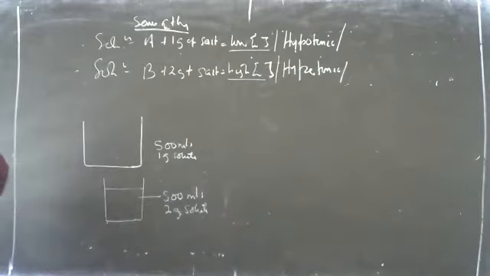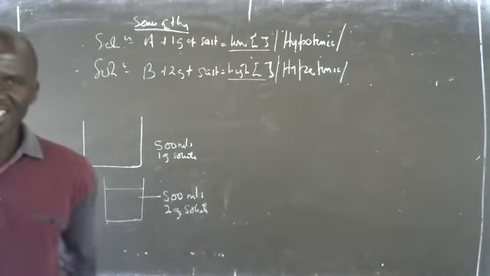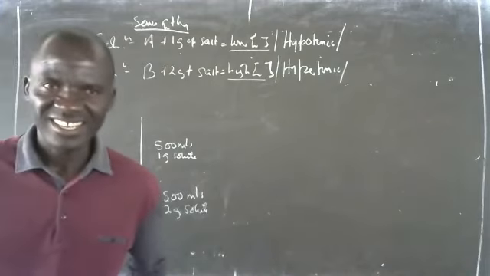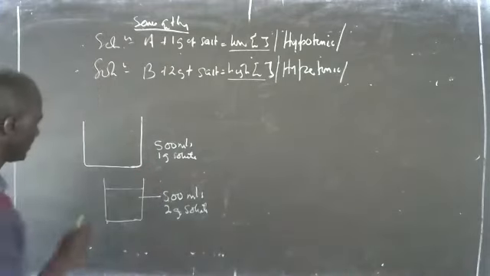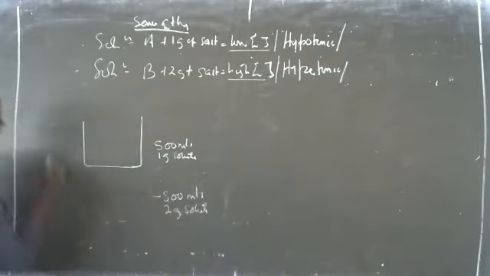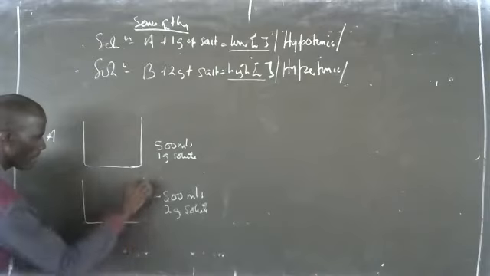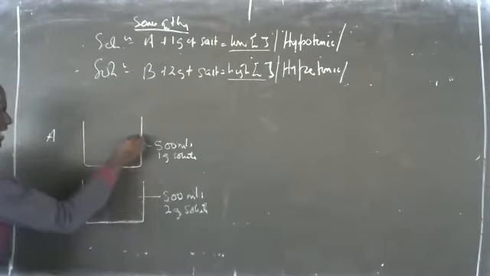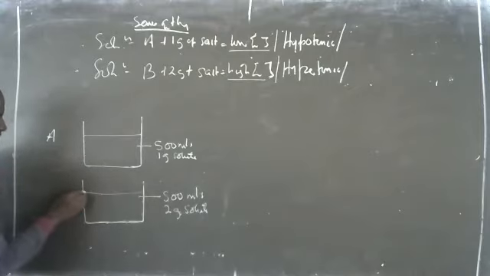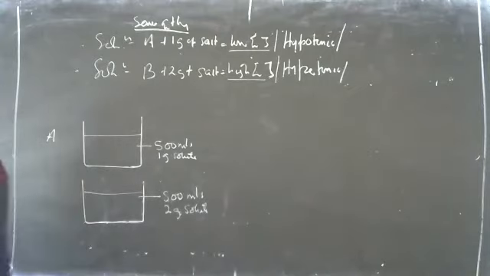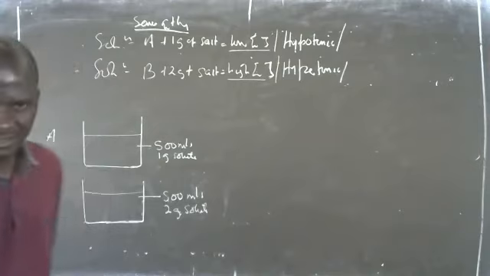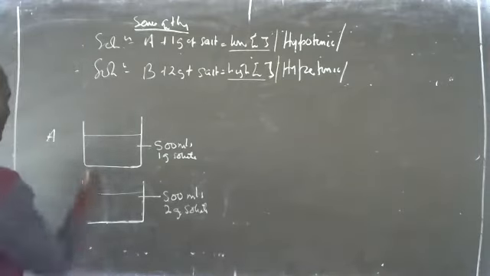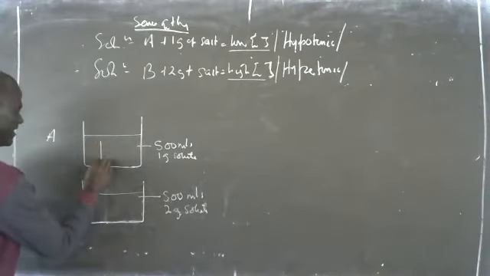I'm making it larger because I want to fit in a cell, a plant cell. This is A, and this one is B. All have 500 cc. And then I drop here a plant cell.